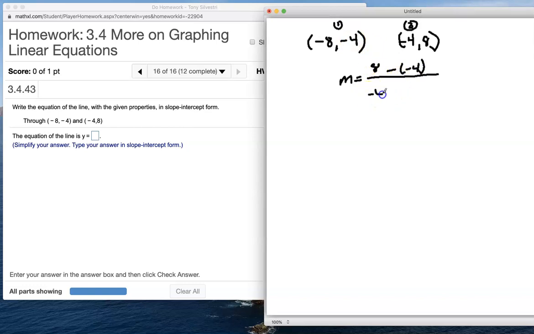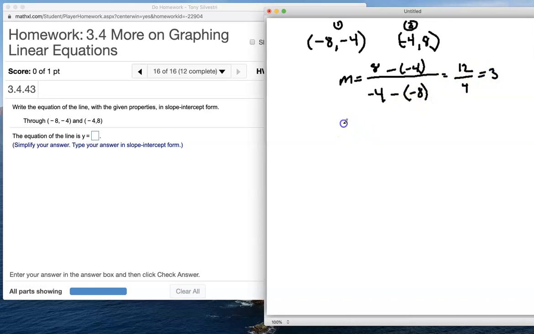X2 is negative 4 minus a negative 8. You're subtracting a negative 8. So what's that equal to? 8 double negative 4, 8 plus 4 is 12, divided by negative 4 plus 8 is 4, and that gives me a slope of 3.